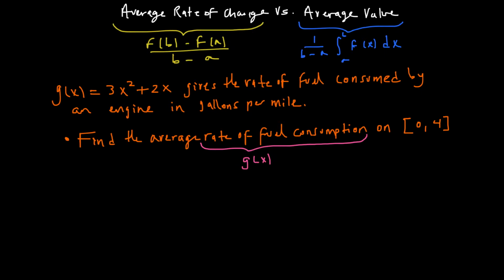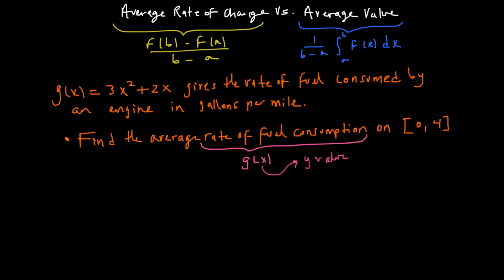And g of x happens to be a y value. It's actually the collection of all y values. So this question, even though it says average rate, it didn't say average rate of change of g of x. It said average rate of fuel consumption. And there's a difference.